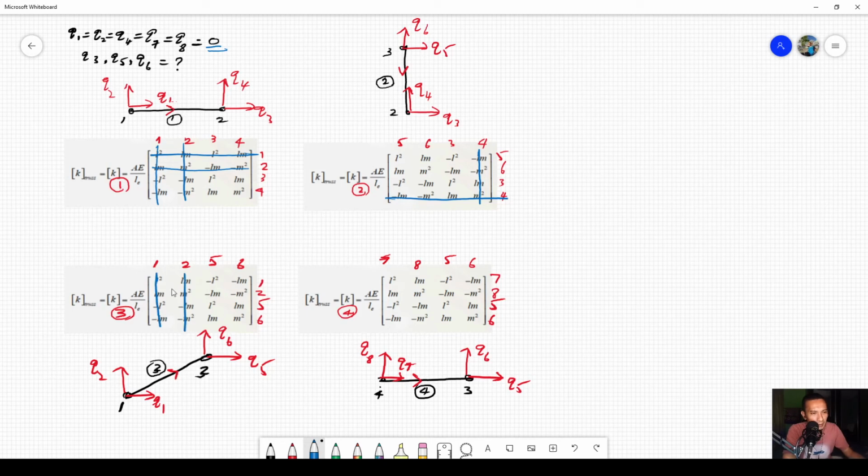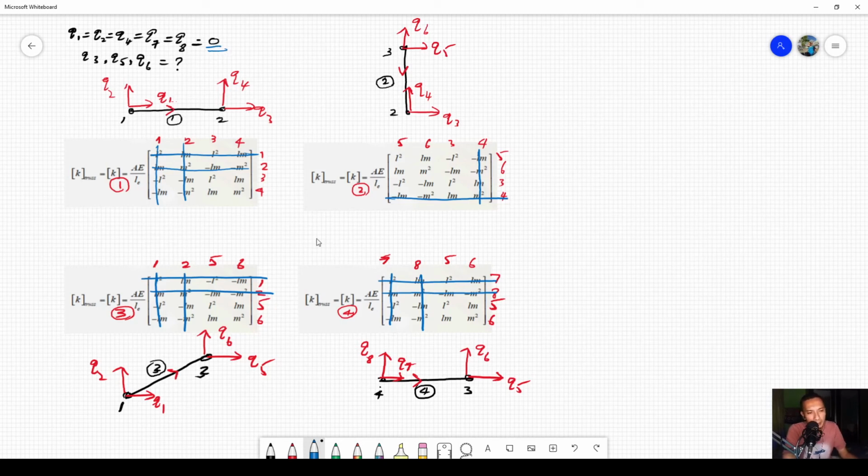So we eliminate the row and column number 1 and 2 due to these pin fixed boundary conditions. And then for this particular element number 4, we can eliminate the row and column number 7 and 8 due to the pin fixed boundary condition as well.